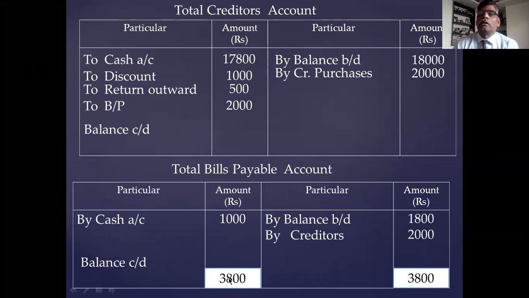Difference is 2,800. You already recorded the item in the debit side. To balance carried down, you recorded. So whatever difference comes, this balance is to balance carried down, which means closing balance.